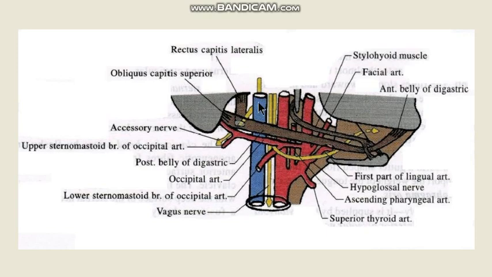Now the posterior part of the digastric triangle is quite elongated, because the posterior belly of the digastric is also much longer than the anterior belly. And you can see here the posterior part of the digastric triangle, and you can see that this intermediate tendon is also held in position by a split in the stylohyoid muscle, forming a sort of a clasp for the intermediate tendon.